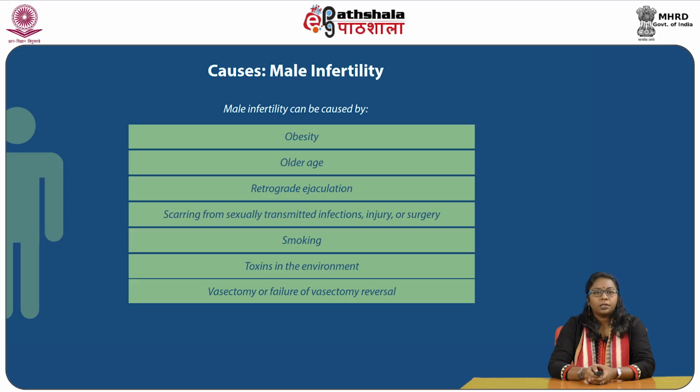Obesity. 10. Older age. 11. Retrograde ejaculation. 12. Scarring from sexually transmitted infections, injury or surgery. 13. Smoking. 14. Toxins in the environment. 15. Vasectomy or failure of vasectomy reversal.